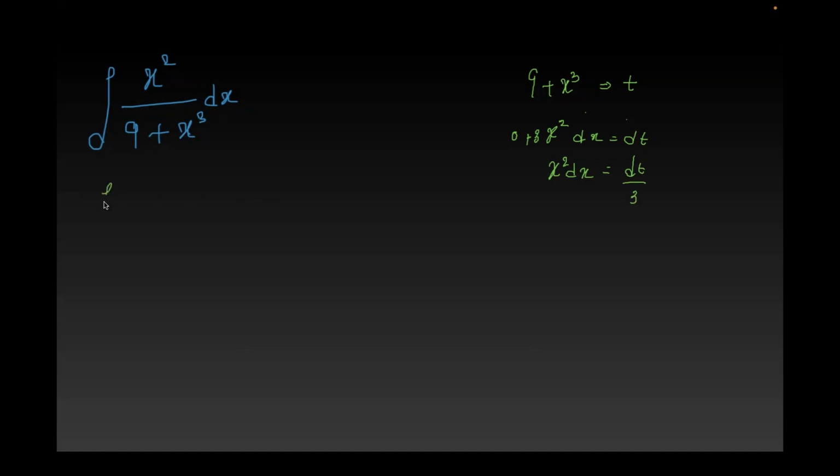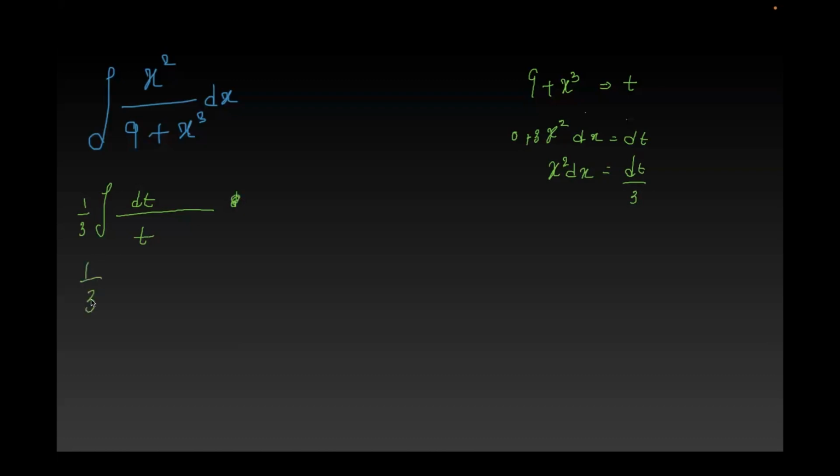All you have to do now is just put the values. That's it. x square dx is nothing but dt by 3. I will take 1 by 3 outside the integral. You can take a constant out of the integral. 9 plus x cube is nothing but t. Here dt is there.